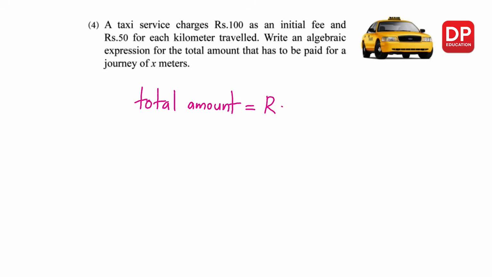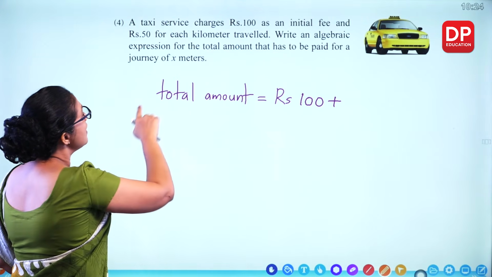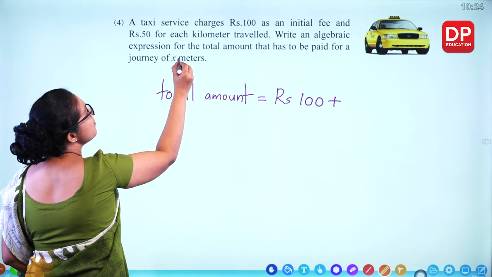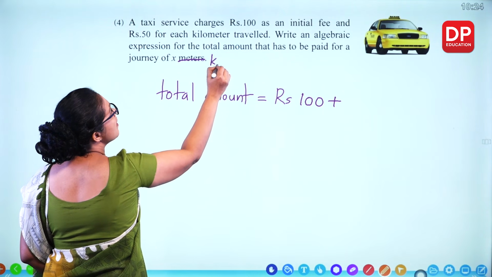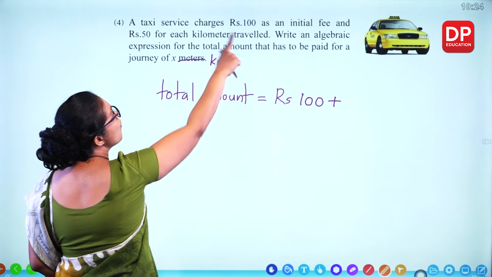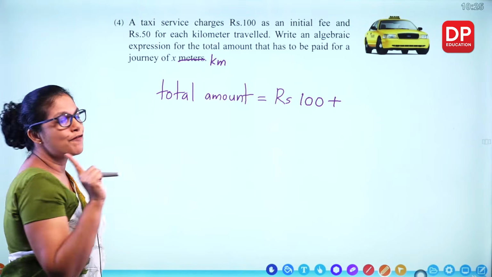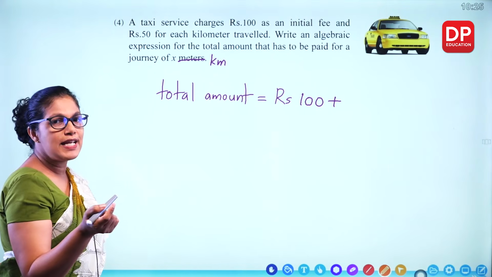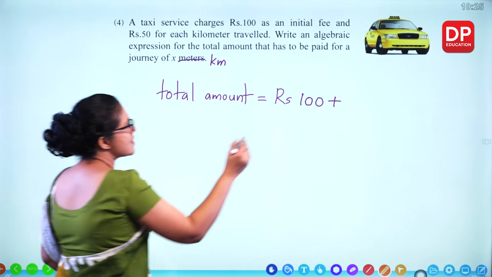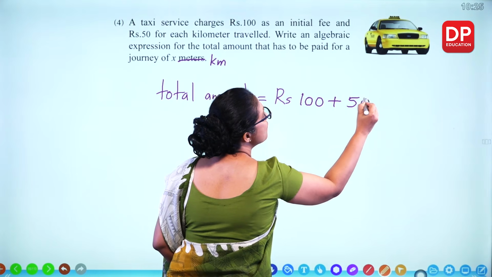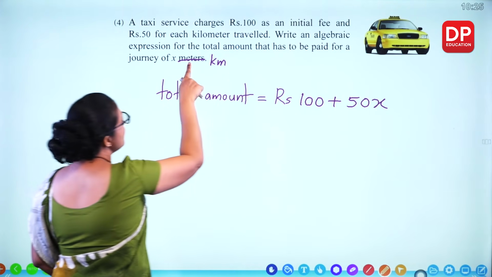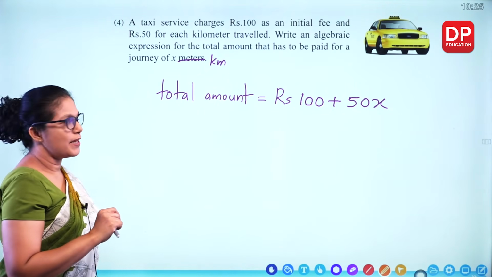So you have to take 100. How many kilometers here? This should be kilometers. 1 kilometer, 50 rupees. X kilometers, 50x. So you need to add 50x there. So we have to take this one as kilometer.